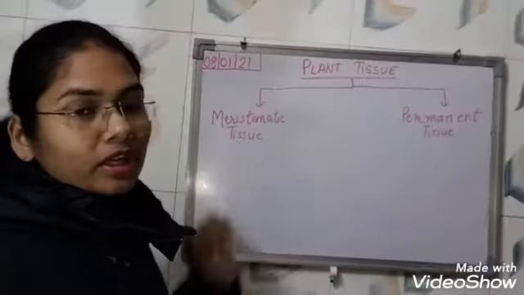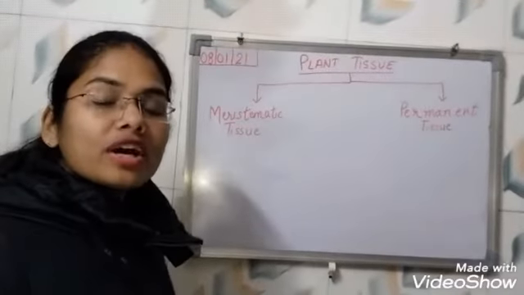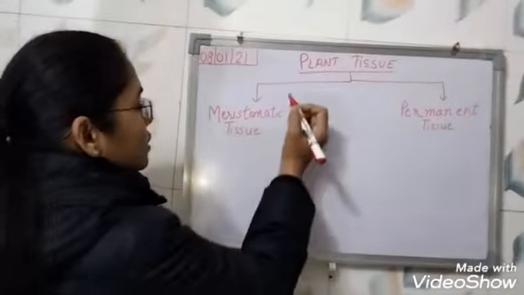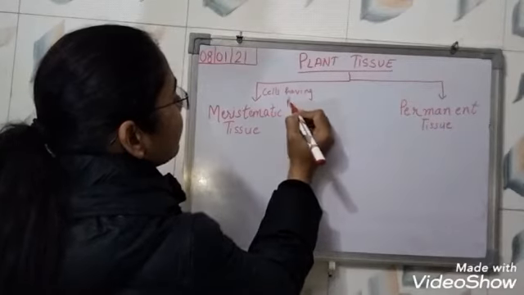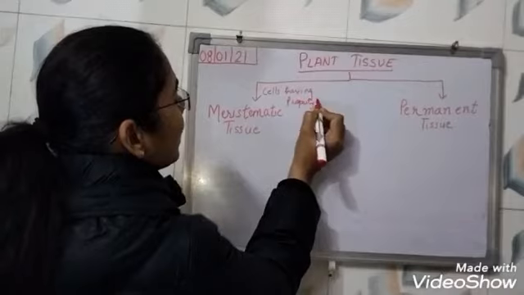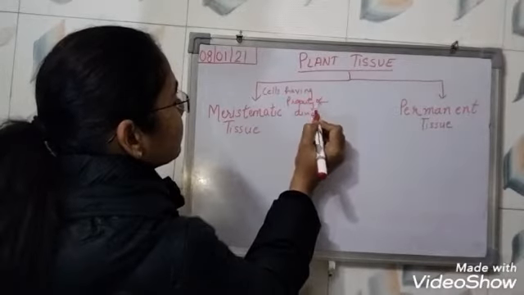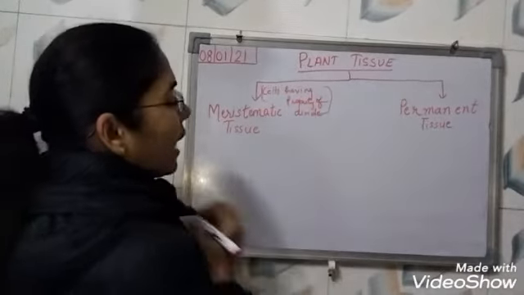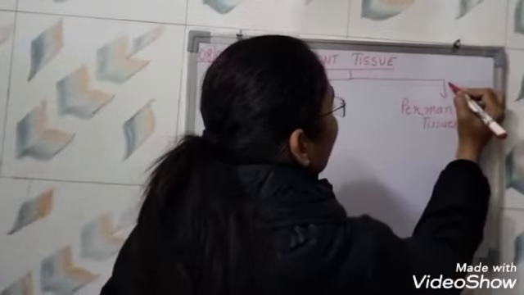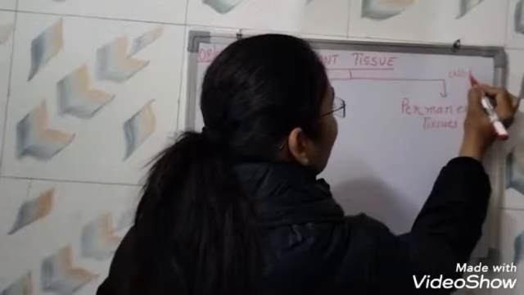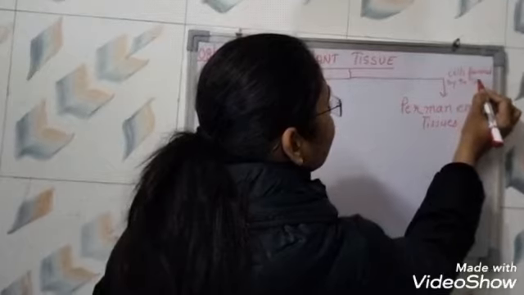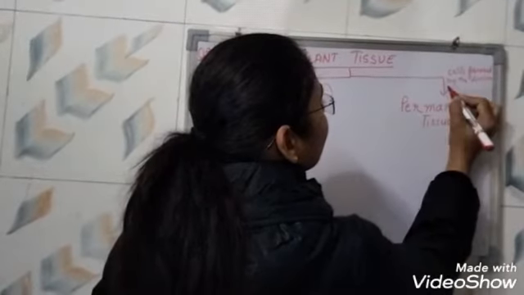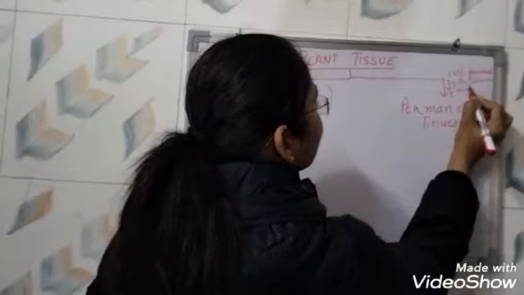So the meristematic tissue is made up of cells which have the property of division, right? They divide. And the permanent tissues are made up of cells formed by the division of meristematic tissue, right?